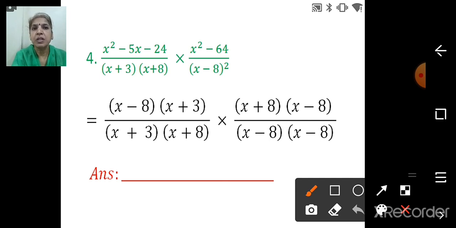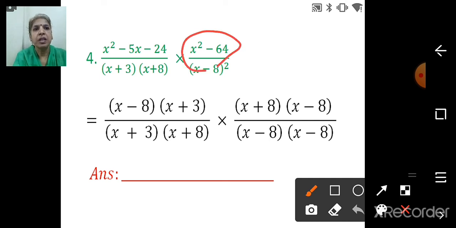So all this you have to do, children. We have already completed almost the full chapter. So the factors are (x minus 8), the whole bracket, multiplied by (x plus 3). In the denominator, factors are already given to you: x plus 3, x plus 8.